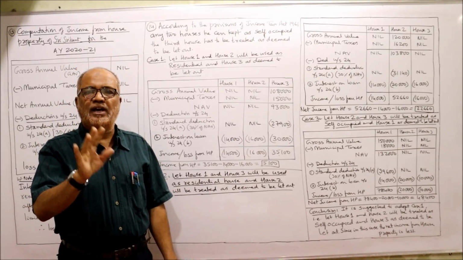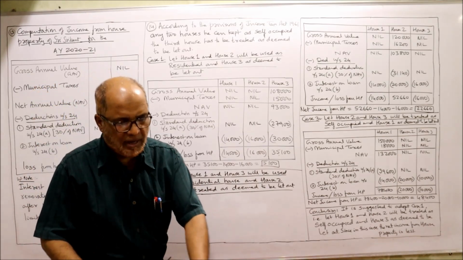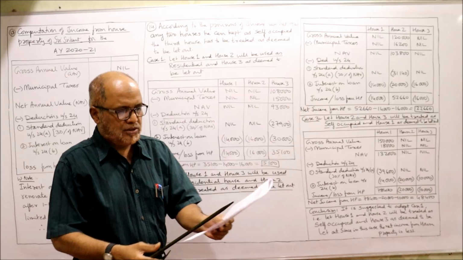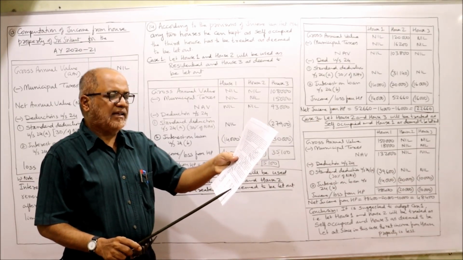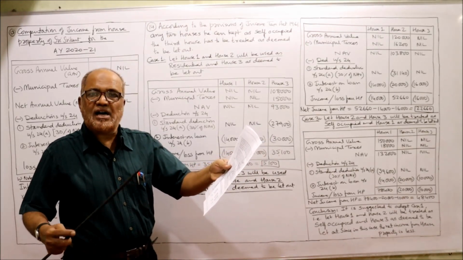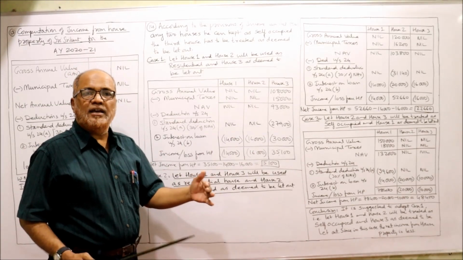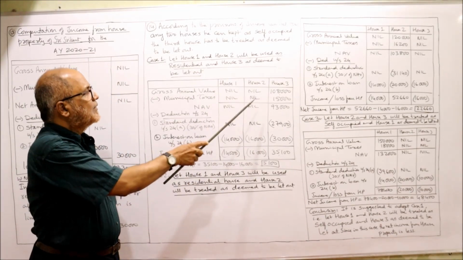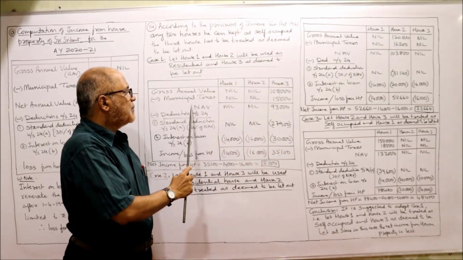In our problem we are given MRV and FRV. So here house number 3, the MRV is 8,000 per month and FRV is 9,000 per month. Which is higher? 9,000 per month is higher. So I am taking 9,000 into 12, 1,08,000.